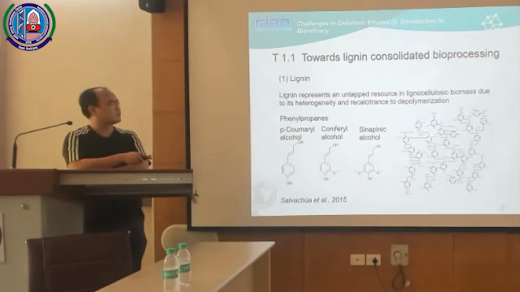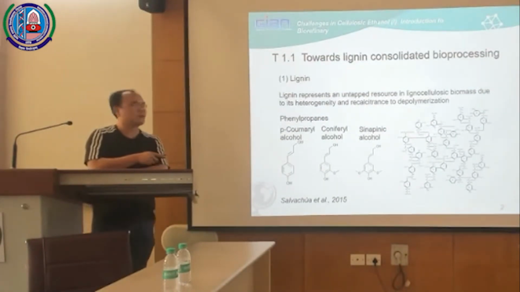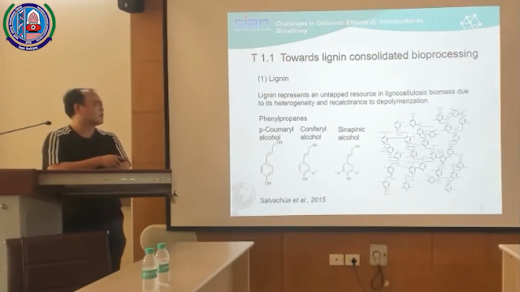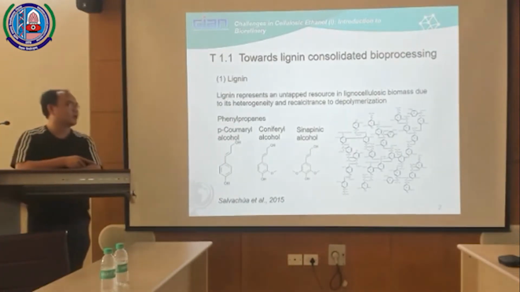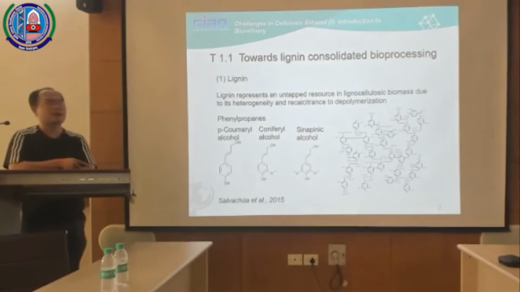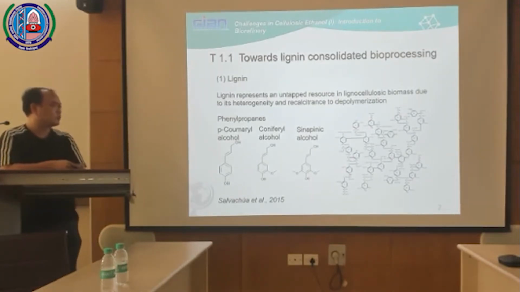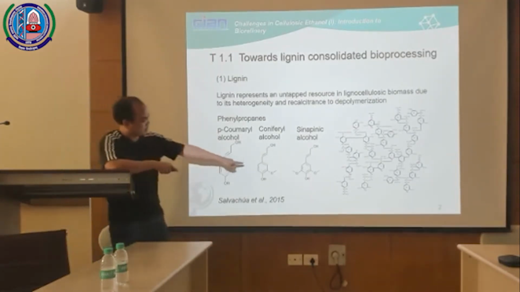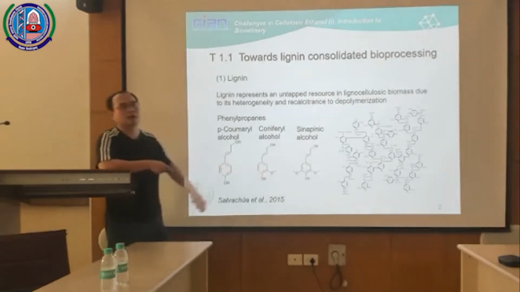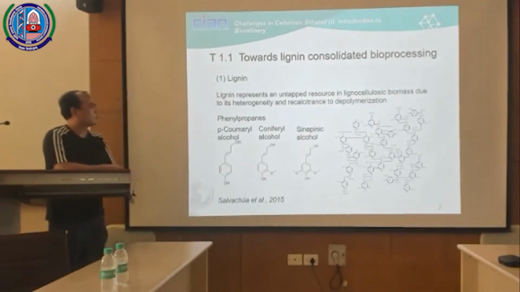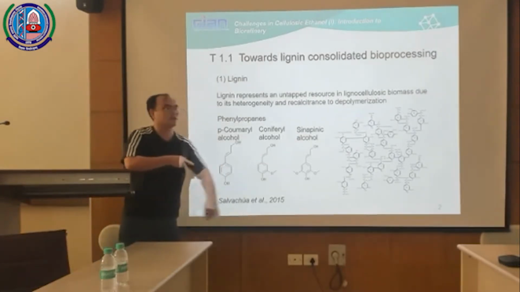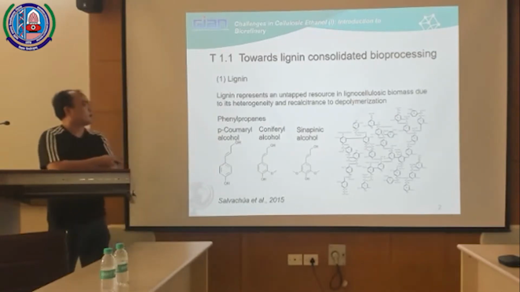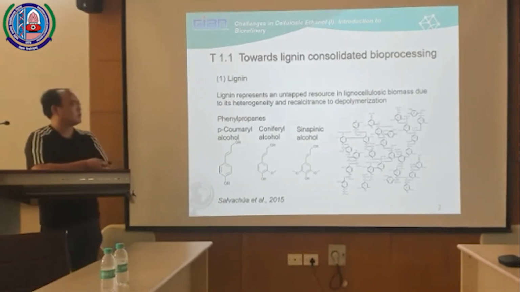It consists of three different types of phenylpropanes: coumaryl alcohol, coniferyl alcohol, and sinapyl alcohol. These three different alcohols differ in this group. For different plant species, the content of these three phenylpropanes is different.